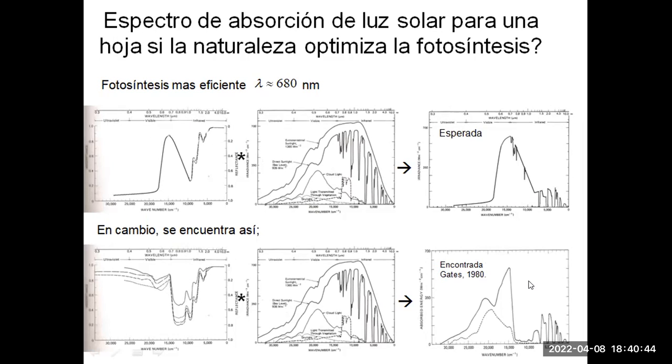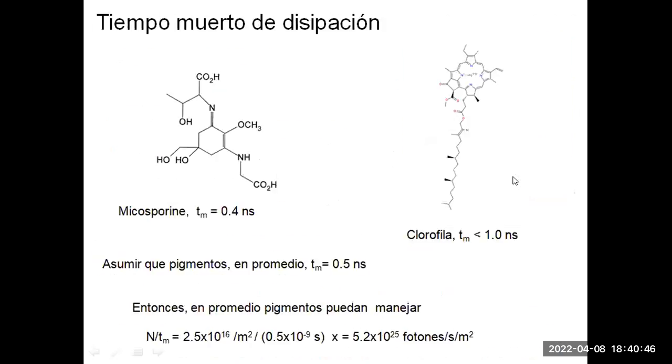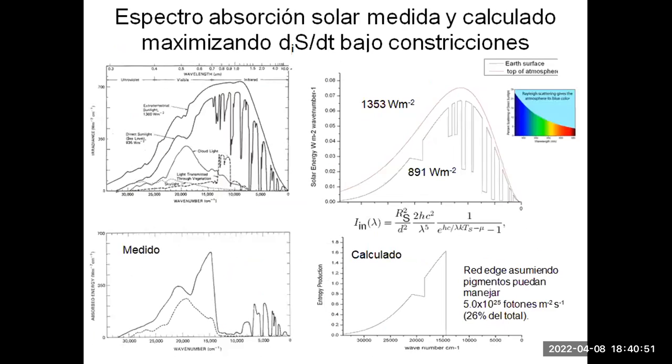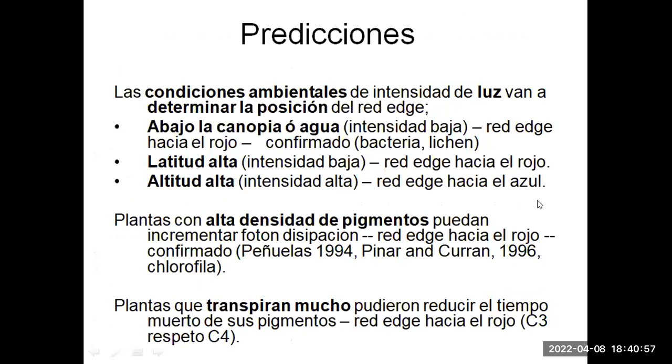But in fact, we get one which looks like this. Okay. So this is our explanation of why we have the red edge, which, as I mentioned before, nobody has been able to explain very well. There has been no convincing explanation given for the existence of the red edge.